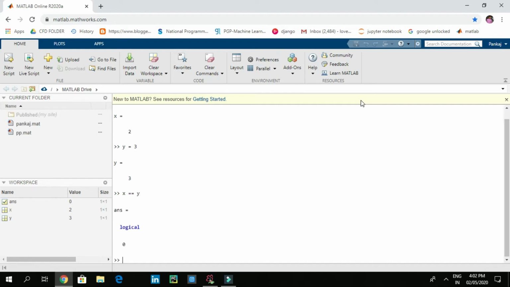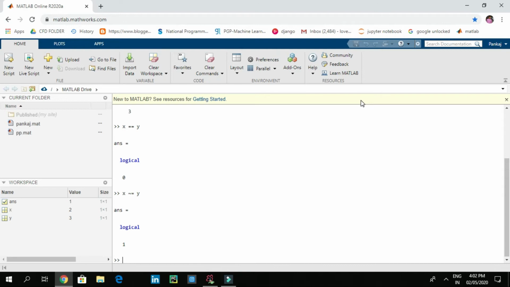It gives the answer logical 0, which means false. Both of them are not equal. So let's try x tilde equal to y, not equal to. It gives 1, which means it's true.